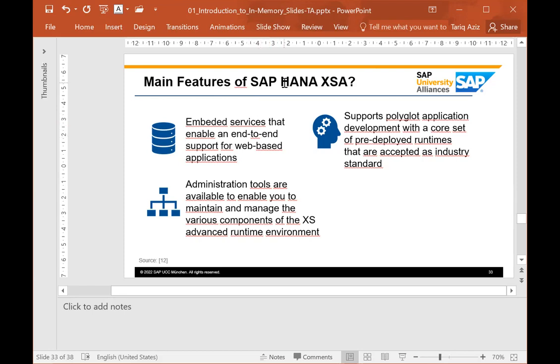SAP HANA supports web-based application development from start to end. You have the administration tool available so that you can administer your application and the runtime. This is polyglot application development, which means you can use any language which you have and embed that language's function into the application you develop on SAP HANA.